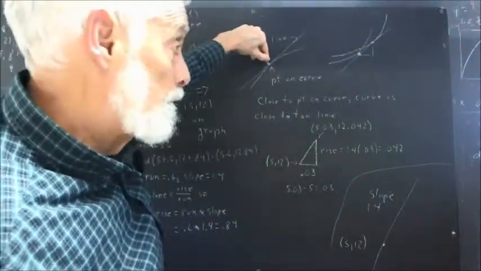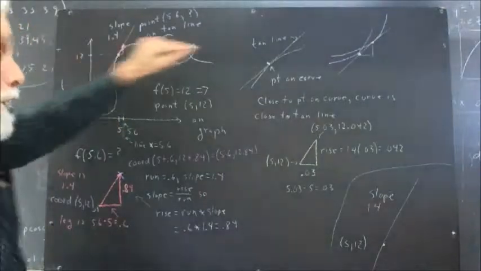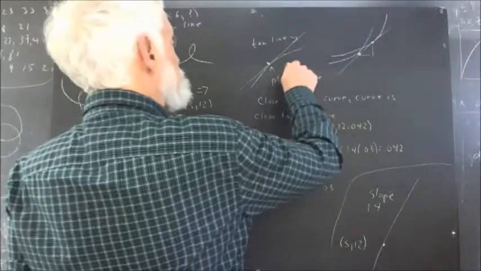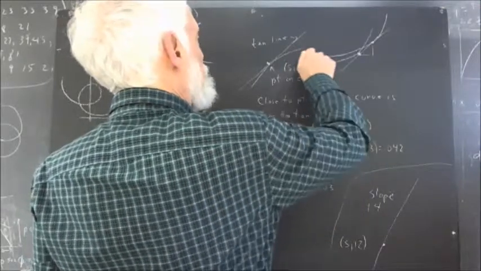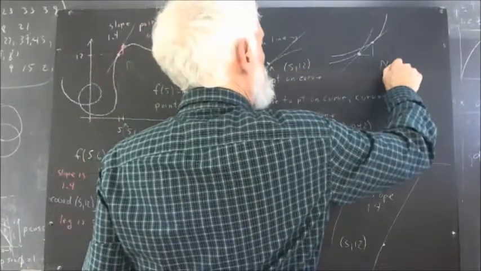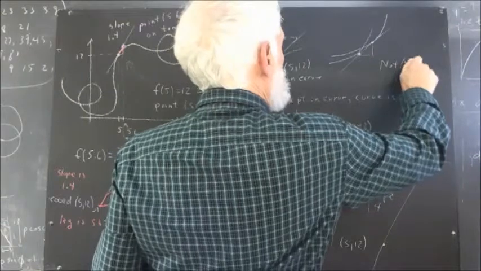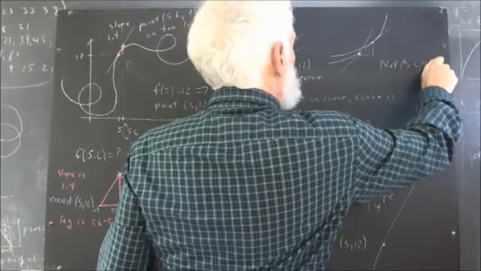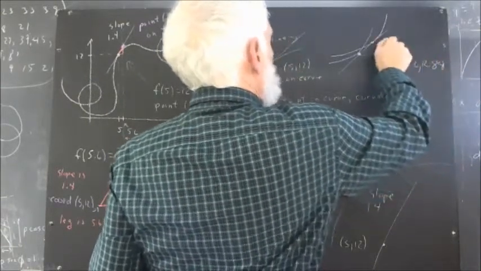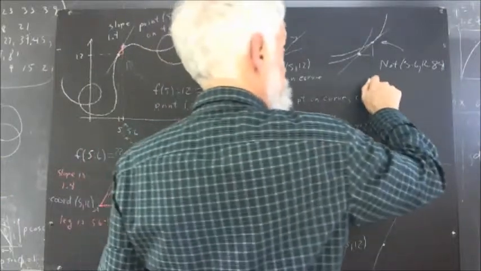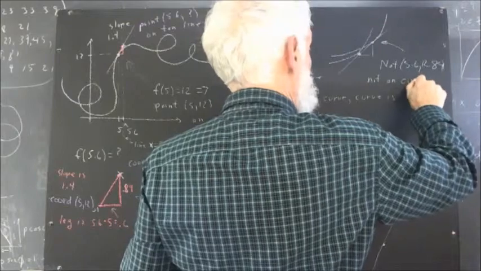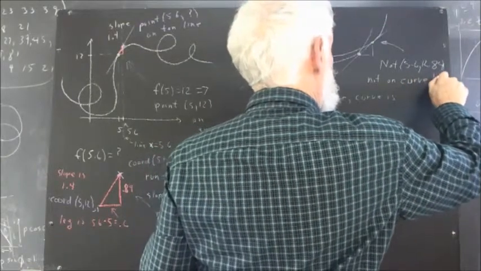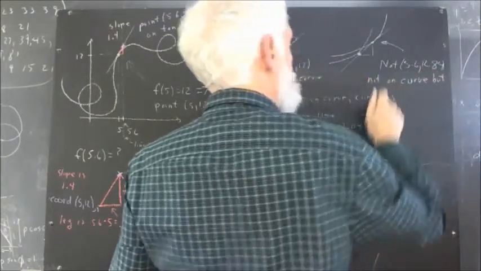This is on the curve. This is our point (5, 12). So it's (5, 12), not (5.6, 12.84). That's not on the curve.